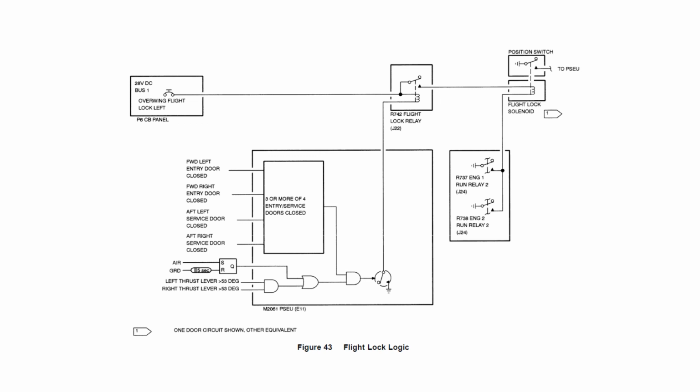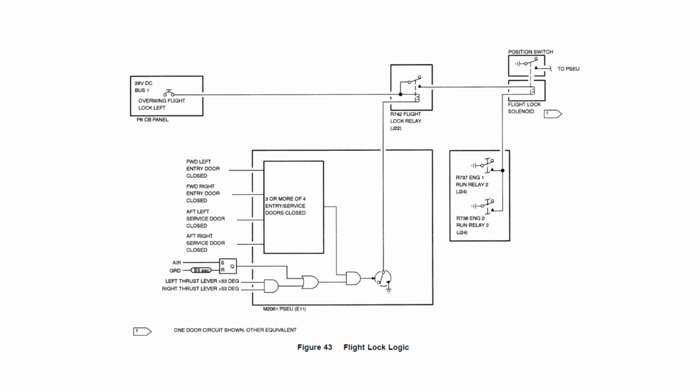It's got a power supply coming in at the top because the flight lock relay has been energized by the PSEU, and the ground for the flight lock solenoid is provided by the fact that both or either of the engines are running. Once that is energized, the flight lock is engaged and we can't open the overwing exit.